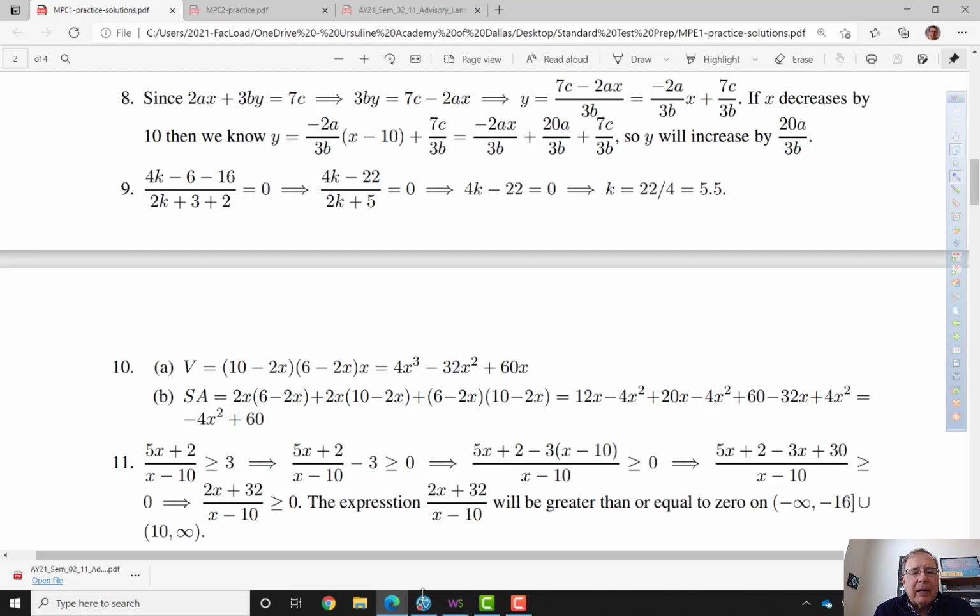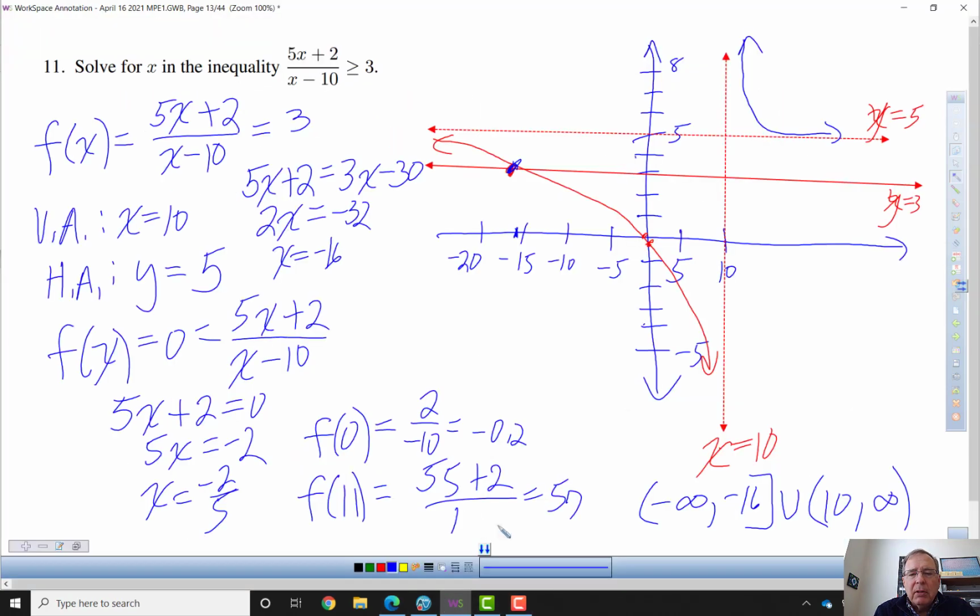After you do that, I still think you have to sketch it to figure out where you're hitting 0 and where you have the vertical asymptote and you're above, and here you're above, so you're greater than 3. So you could do it the way they did it. I like doing it this way. Either way, you're going to get the right answer, but you pretty much have to sketch the rational function.